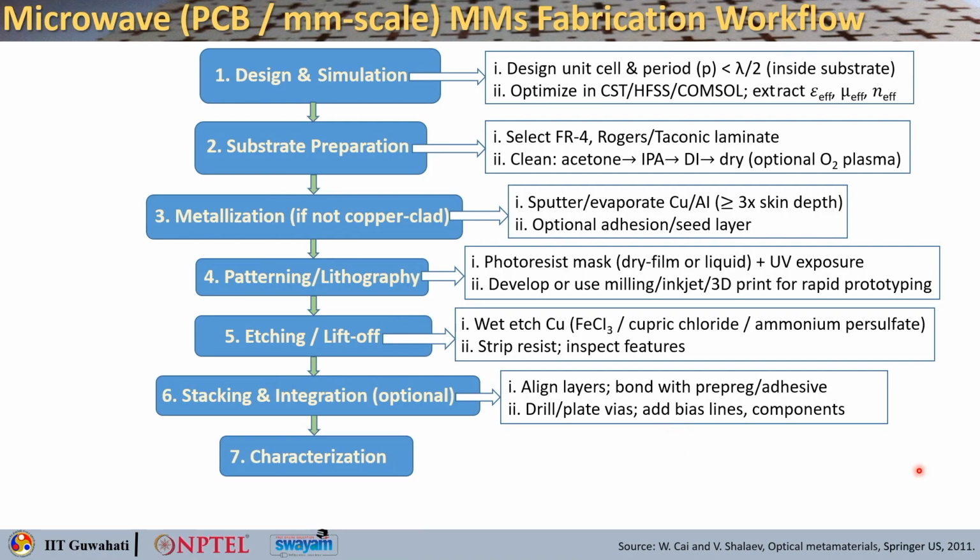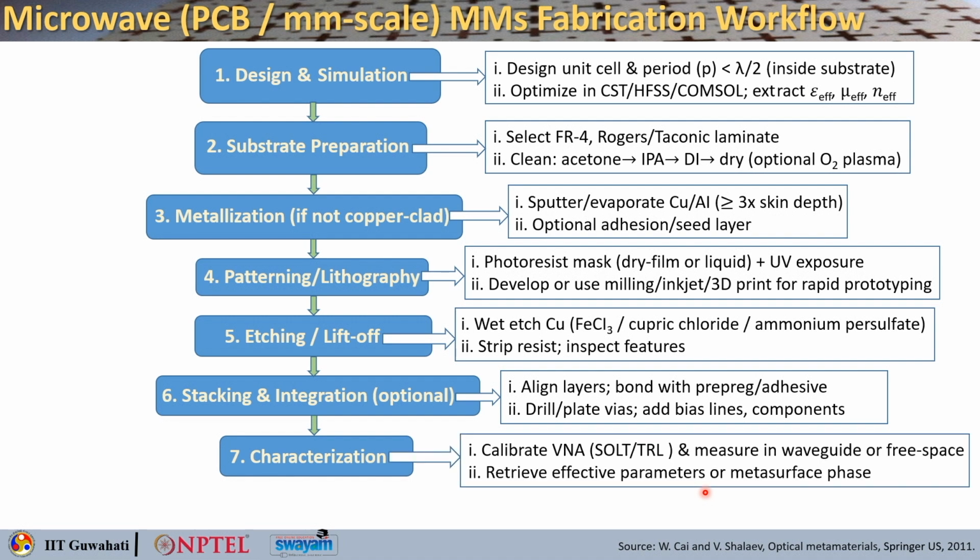And finally, once the structure fabrication is complete, you can go for the characterization, where you can measure with VNA, that is a vector network analyzer, using SOLT, that is short open load through, or TRL, that is through reflect line kind of calibration, using waveguide or in free space.